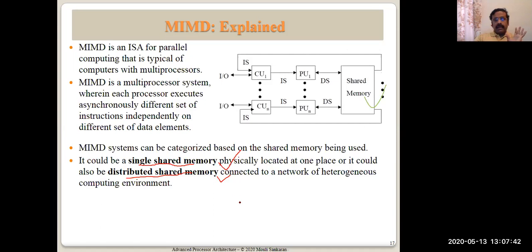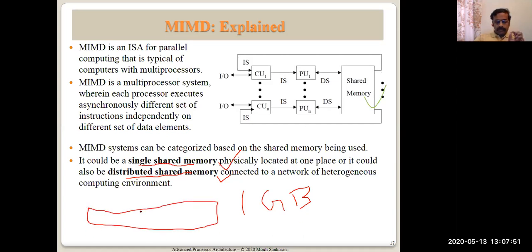Let me tell you what I mean by this. If I say a multi-core processor has 1 GB of shared memory, I can decide to have all 1 GB in one place physically. Then it falls under the single shared memory category. Or I can decide to keep this 1 GB divided into 256 MB each, in physically different locations.